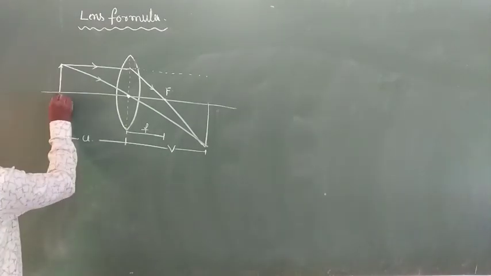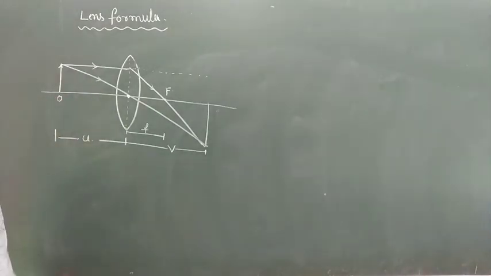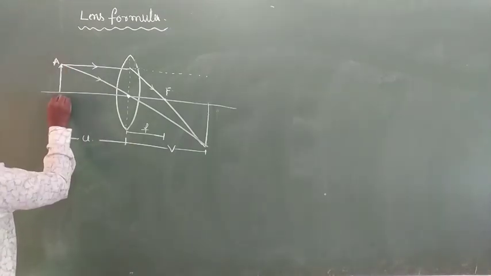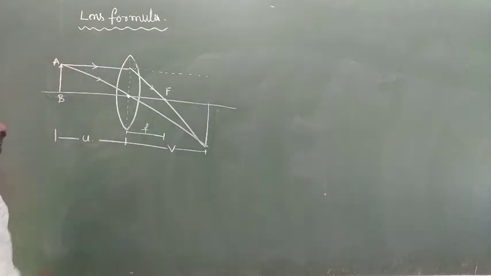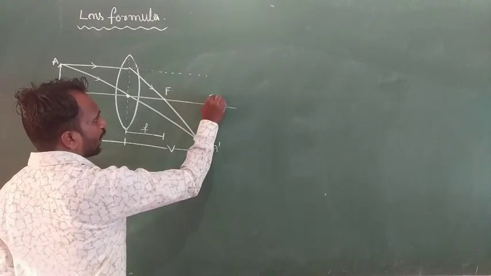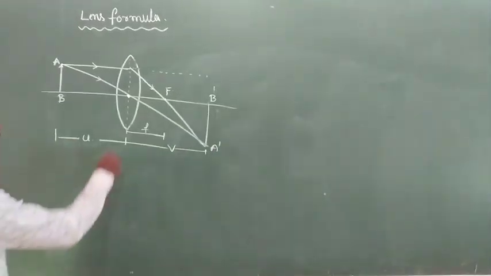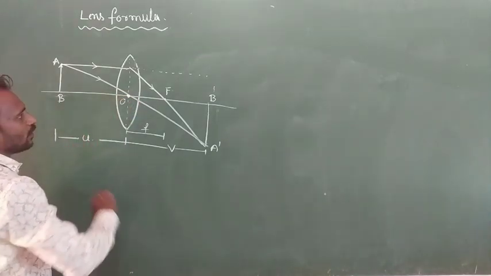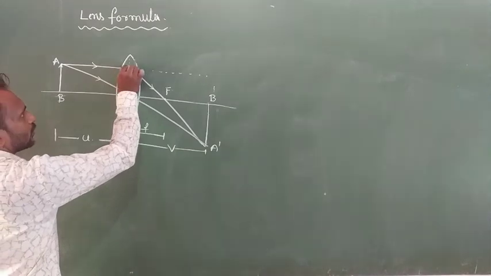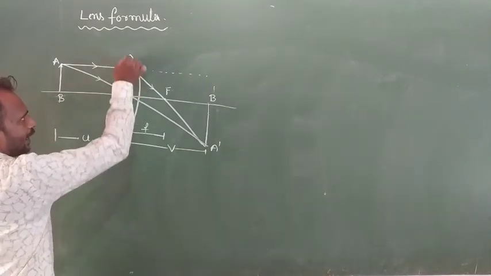Here O is the object, and here we consider A, and suppose this is B. So AB is the object, and here we will get the image A dash B dash, and the optic center is O. Here a perpendicular line is drawn from the incident ray.